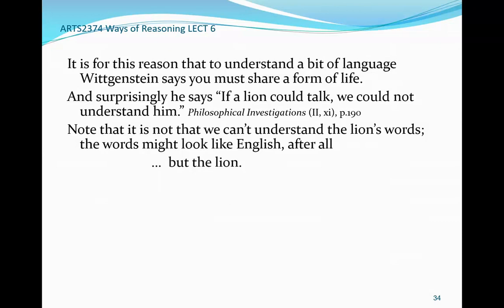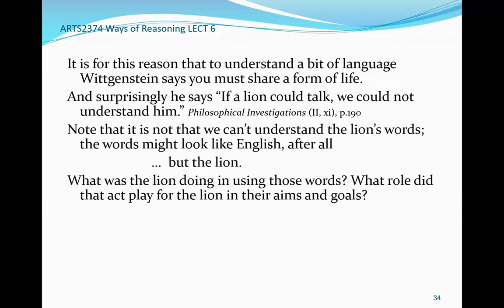Right? So the question is, what use was it making of those words? What role did that act play in the lion's aims and goals?